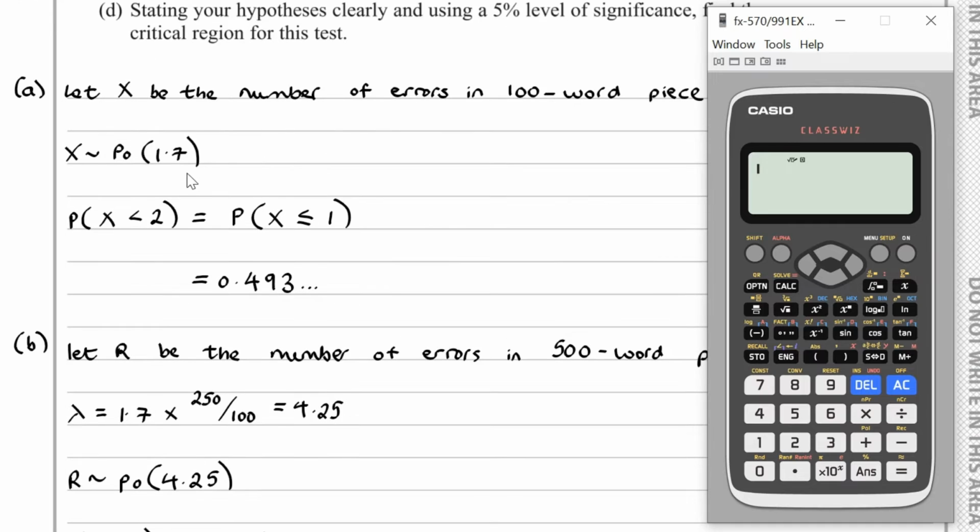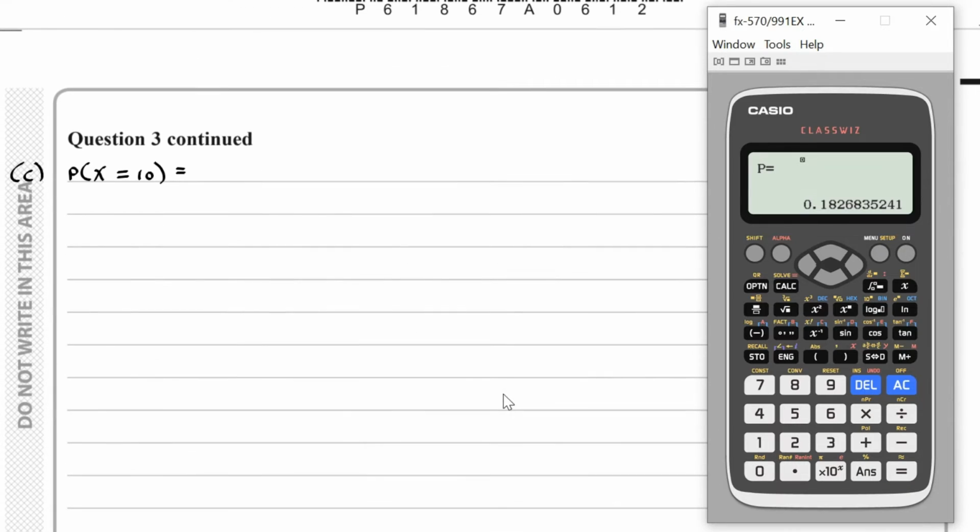Remember, x is the random variable of the number of errors in a 100 word piece. We have parameter 1.7. So if we go to our distribution section, we have Poisson PD, x is equal to 0, lambda is equal to 1.7. So we end up with 0.182, etc.